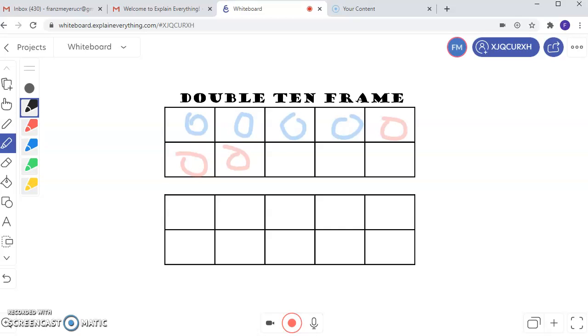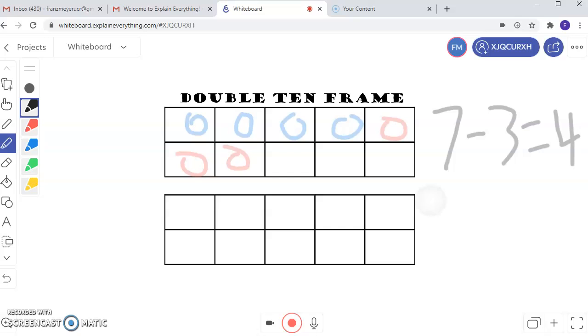So if we have 7 dots total, and let's take away all our red dots. So 7 minus 3. That is going to equal, what does it equal? 4, right?